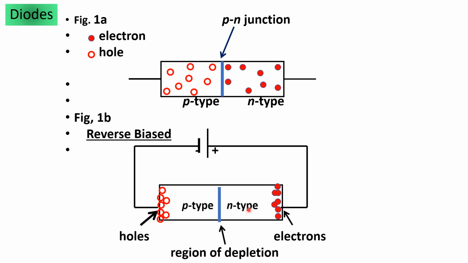This kind of connection, where the p-type material is connected to the negative terminal of the battery and the n-type connected to the positive terminal of the battery, is called a reverse bias. Since there are practically no charge carriers in the region of depletion, in a reverse bias connection there is no net flow of charge in the whole circuit.